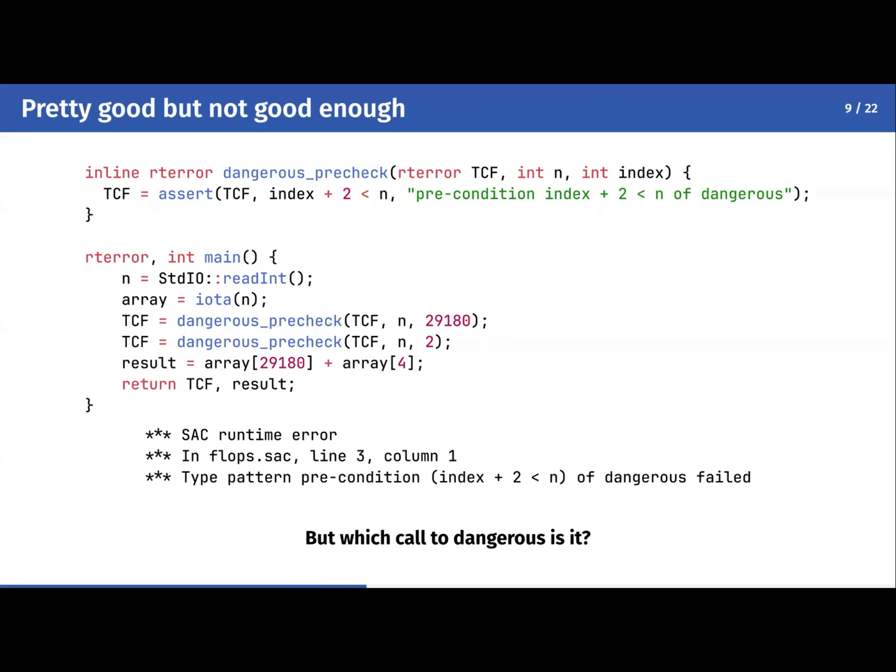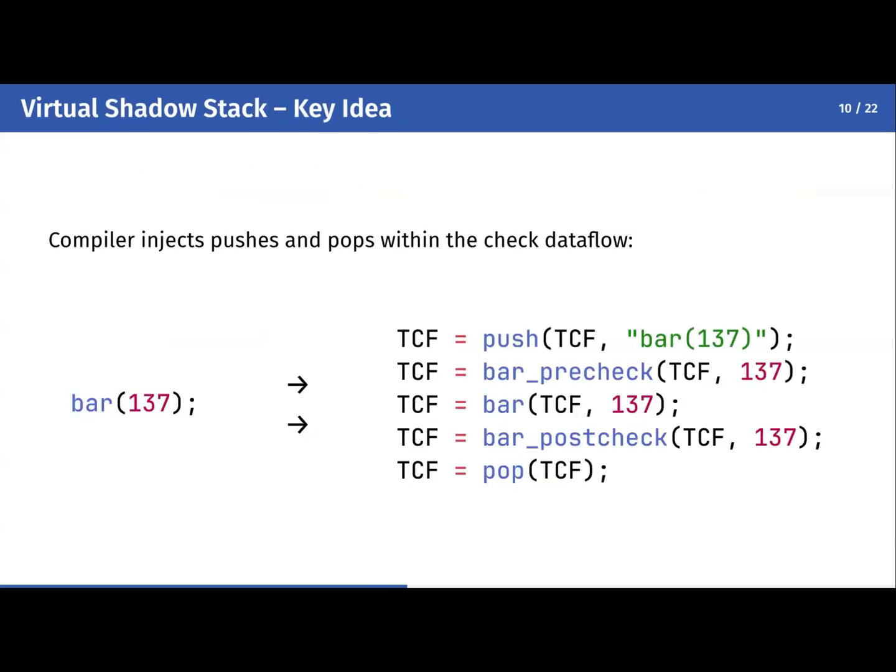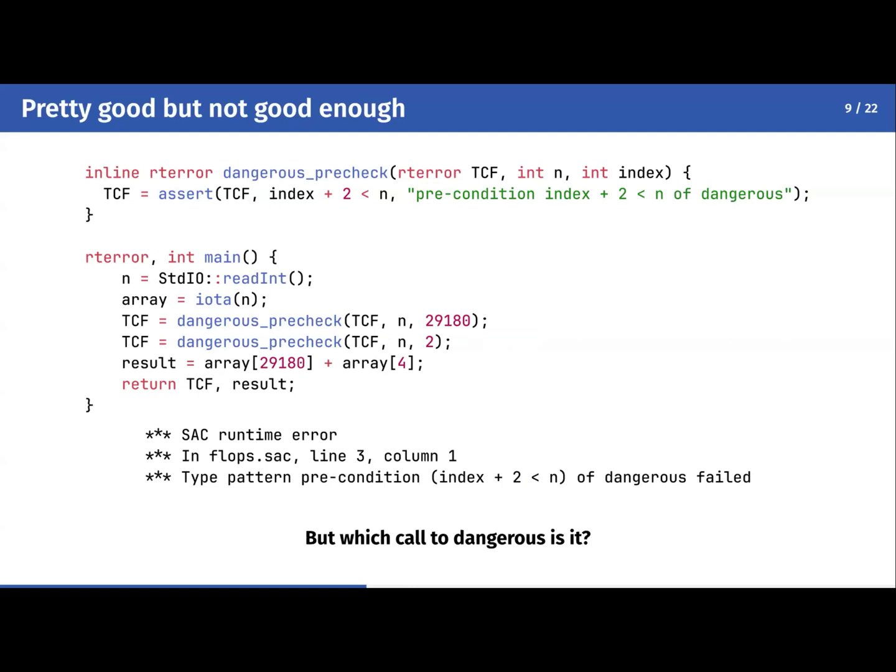And to solve that, we would really like to know how we got to the point where the program failed. What we want is actually a stack trace, right? We want a record of the function calls up to the point where something went wrong, and that is a stack trace, and that tells you which dangerous call it was.